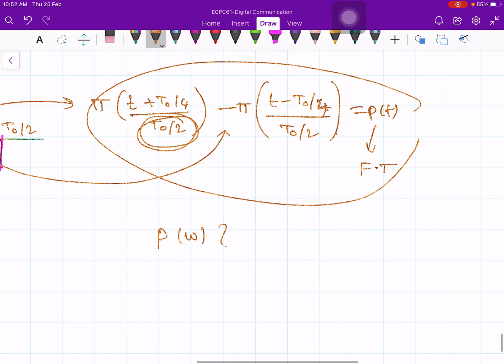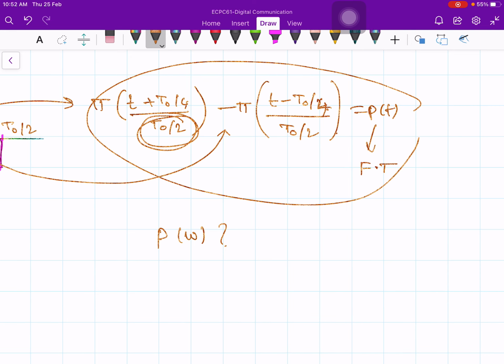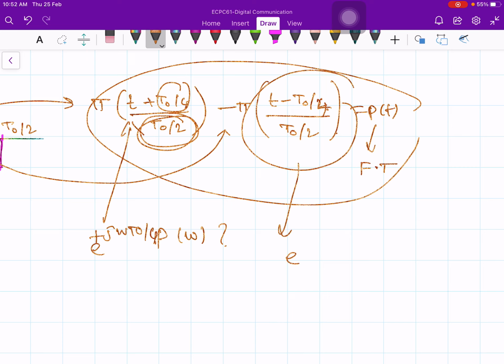It will be the sinc square function corresponding to a pulse width of t0 by 2, which we already know, except that it will have a multiplication factor of e to the minus j omega t0 by 4. And if you take the Fourier transform, this guy has e to the plus j omega t0 by 4, and this will be e to the minus j omega t0 by 4.